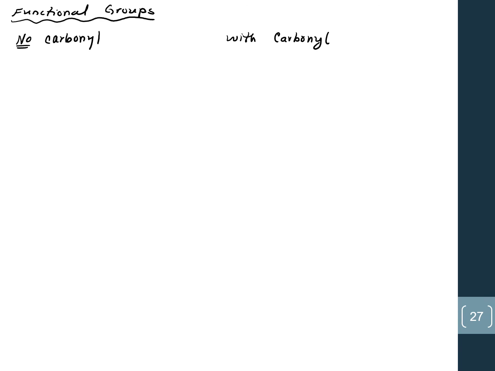Organic compounds with no carbonyl, we're going to have alcohols. Functional group OH, that's one. We're going to have ether. Functional group, an oxygen bonded to carbons on each side. And amines containing nitrogen.